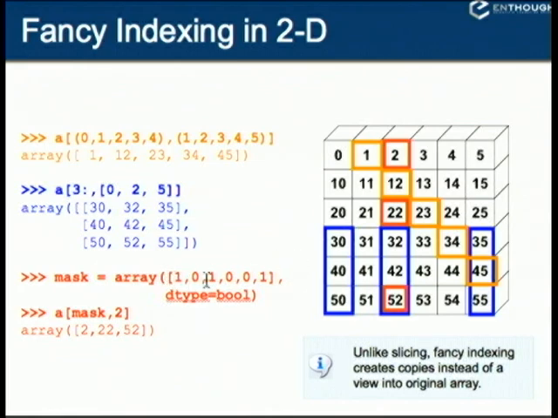Masks are basically just Boolean values, zeros and ones essentially. When you index an array with a mask, it's going to select the stuff that's true and ignore the stuff that's false and give you back a copy. So here our mask is selecting out these elements, 2, 22, and 52, and it's ignoring everything else. And we get this copy back as a result.